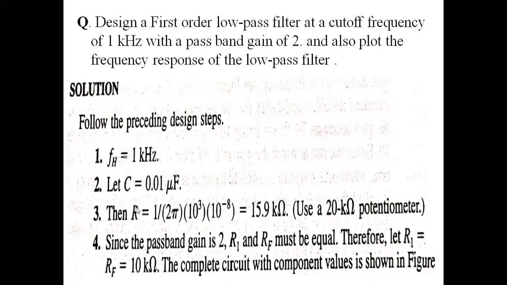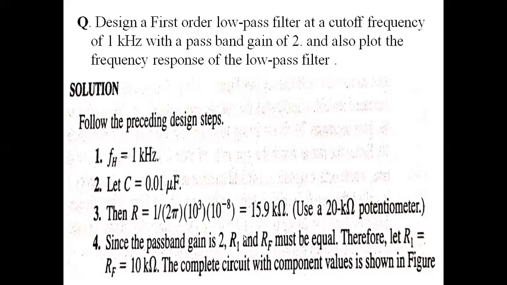When we calculate all these values, we get the value of R as 15.9 kilo ohm. In order to tune this resistance, use a 20 kilo ohm potentiometer. This is a standard potentiometer to tune this value.